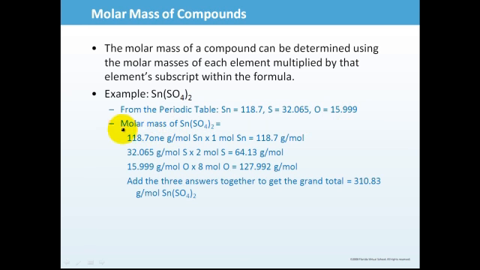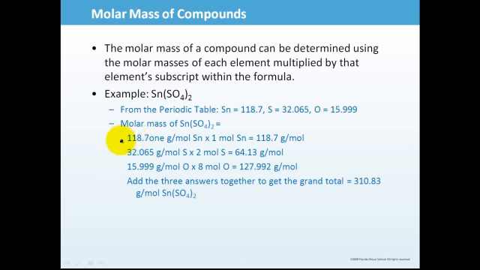Down here is all of the math. When we look at the formula, for Sn there is nothing there, so it's a 1. Sulfur is 1 times the 2 outside the parentheses, so there are 2 sulfurs. And for oxygen, it's 4 times the 2 outside the parentheses, giving us 8 oxygens.